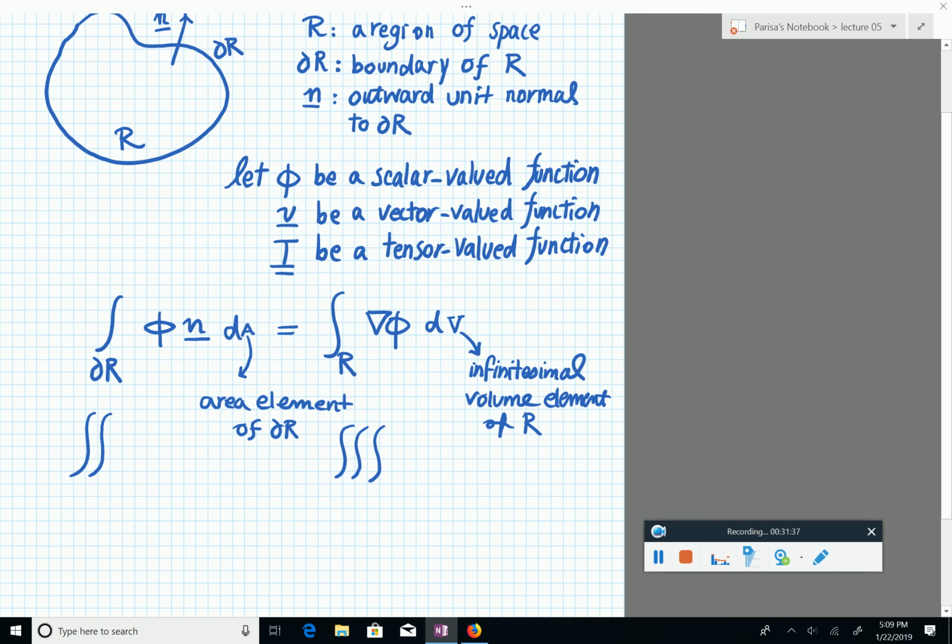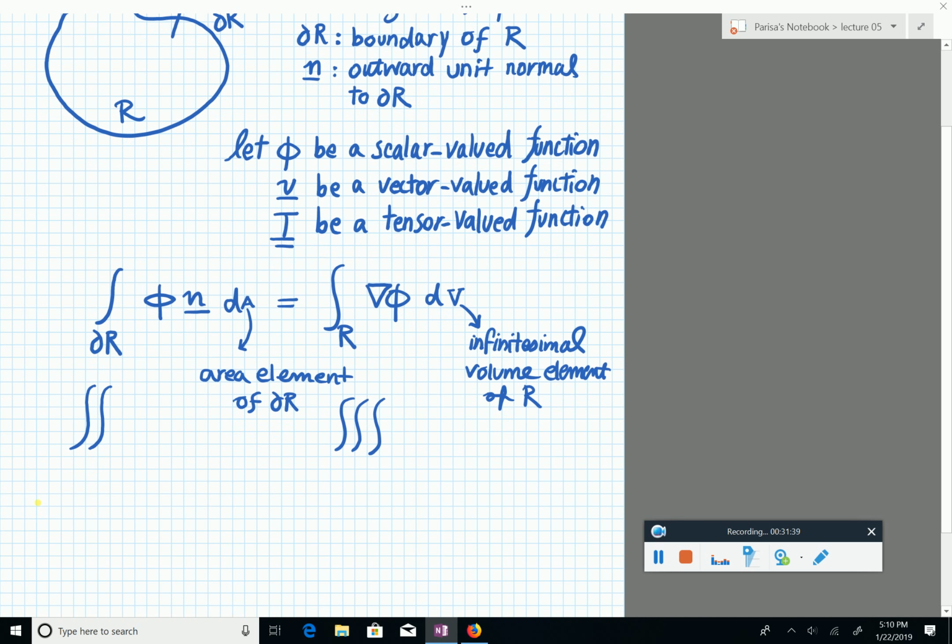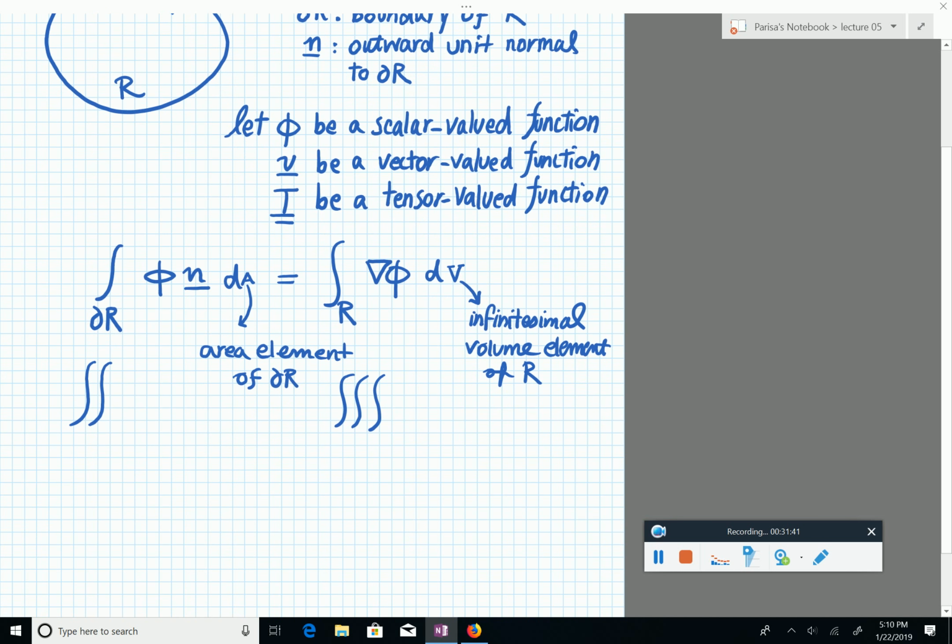It's the same thing. So this theorem is important because it kind of relates the things at the boundary to the interior of an object. You will see later that this is a very useful theorem.